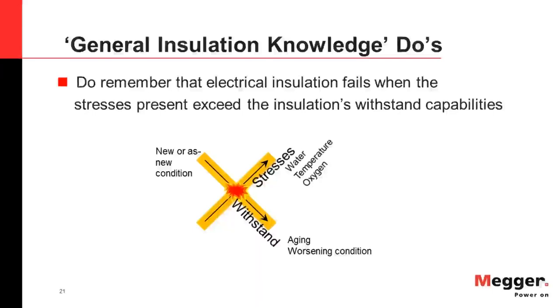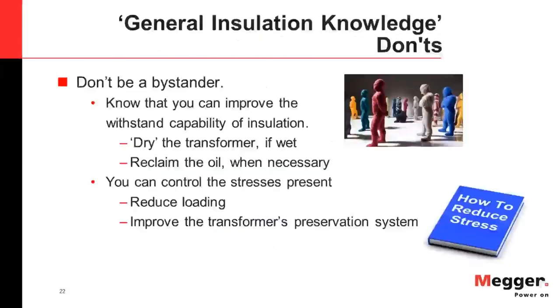Testing and maintenance allows you to influence the withstand curve. Testing allows you to determine if the transformer is wet, and maintenance is performed to dry it as appropriate, or to recondition the oil if testing deemed it necessary to do so, etc. You can influence the external stresses too, such as reducing loading on your transformer and therefore dropping the temperatures that the transformer sees, by thinking twice about how wet you will allow your transformer to operate, because water accelerates aging and carries other scary consequences too.